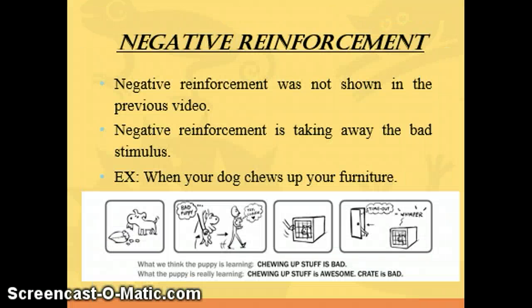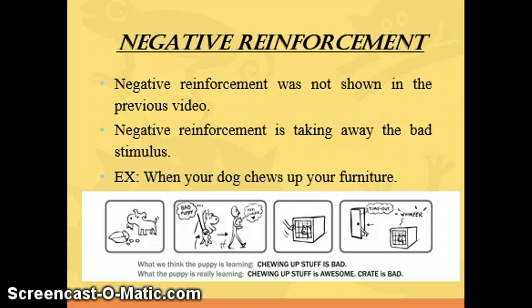Negative reinforcement was not shown in the previous video, but negative reinforcement is taking away the bad stimulus. For example, whenever your dog chews up your furniture, you automatically think, put him in a crate so he won't do it again. But in reality, he's not learning that chewing stuff up is bad.